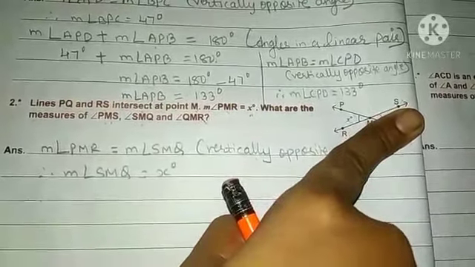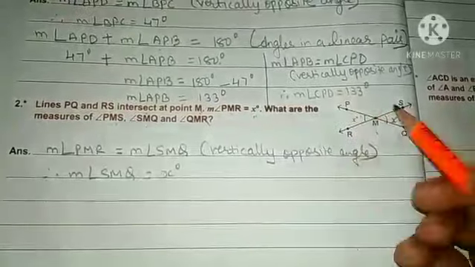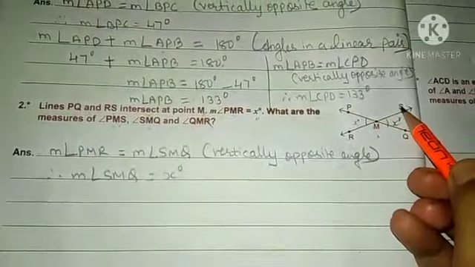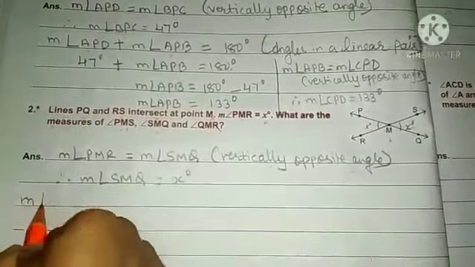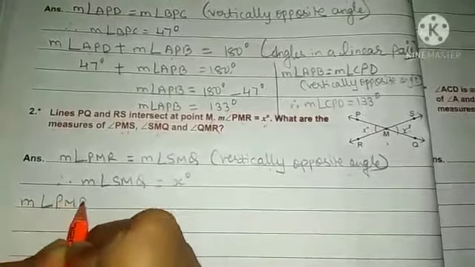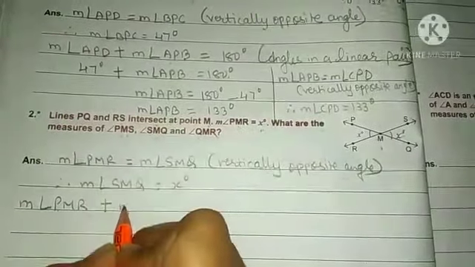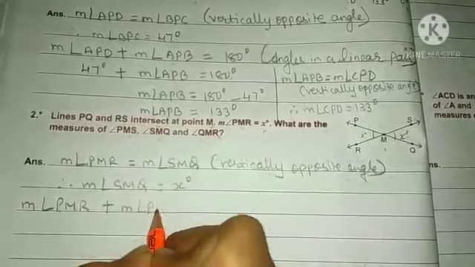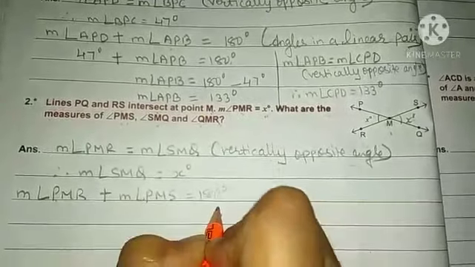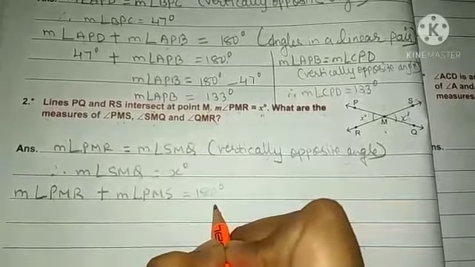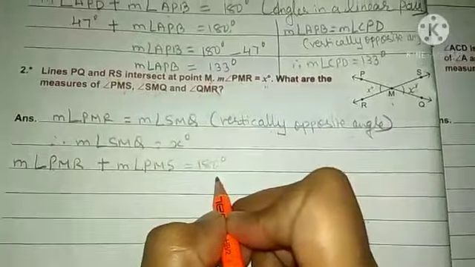Understood? These are your angles in a linear pair. So with the help of that we will find out the measure of angle PMS. Understood? Clear, everyone? So here you will write down angle PMR plus measure of angle PMS is equal to 180 degree. Why 180 degree? Because angles in a linear pair are always your supplementary angle. Understood?